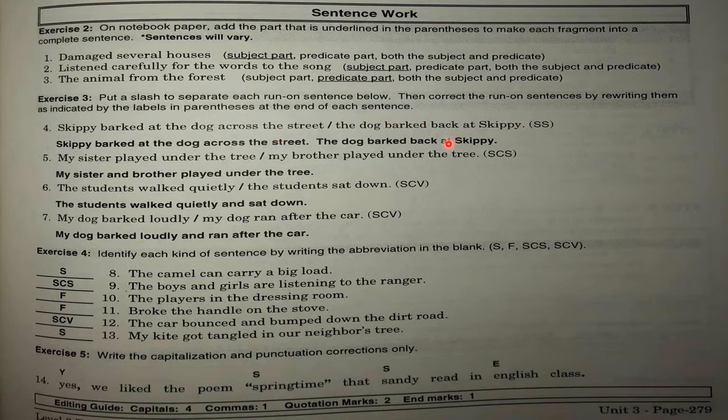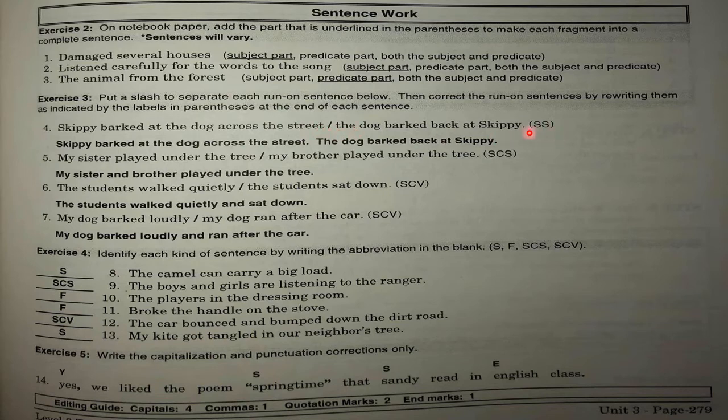So what you're going to do here is fix them and put the correct punctuation. First of all, you're going to put the slash between the two sentences like this. Skippy barked at the dog across the street. The dog barked back at Skippy. So first of all, I'm going to put a slash to separate the two sentences right here.